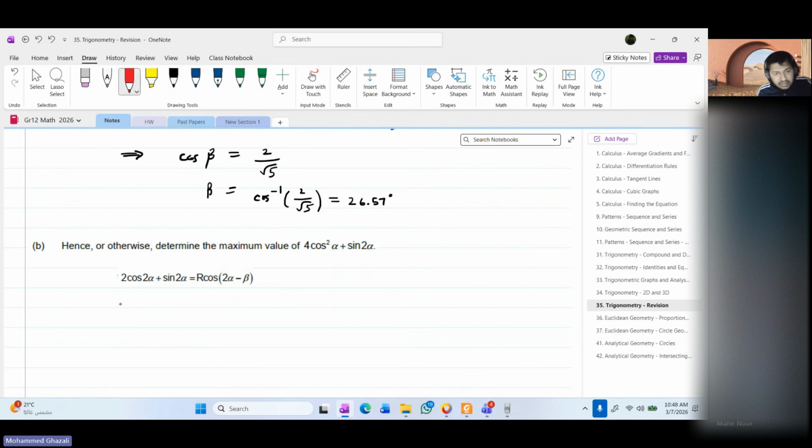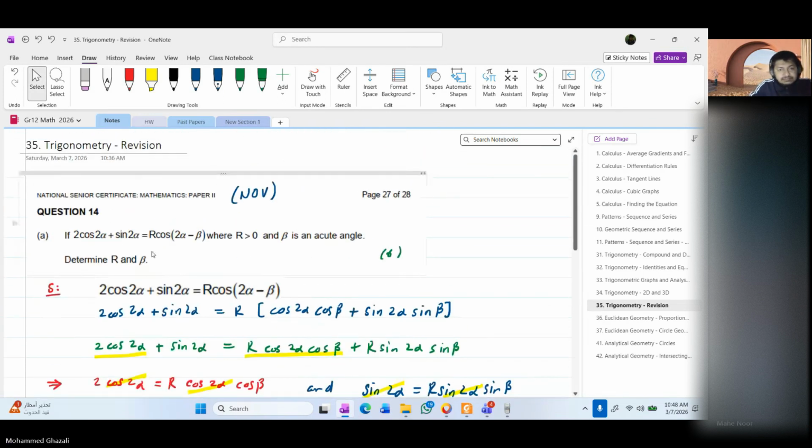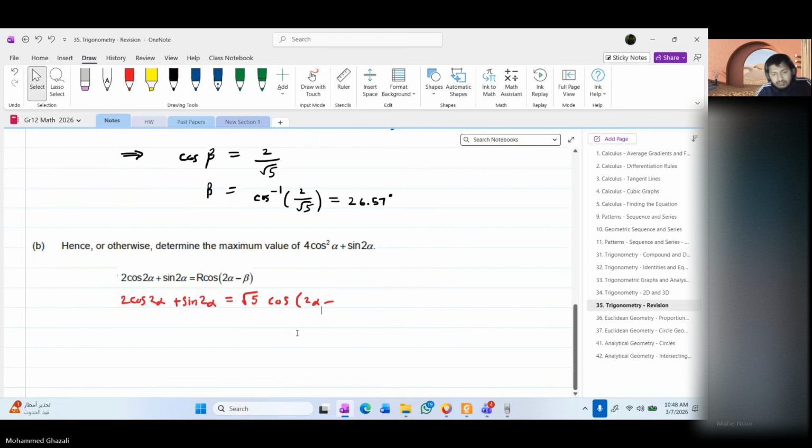So we know 2 cos 2 alpha plus sine 2 alpha is equal to root 5 cos of 2 alpha minus beta.